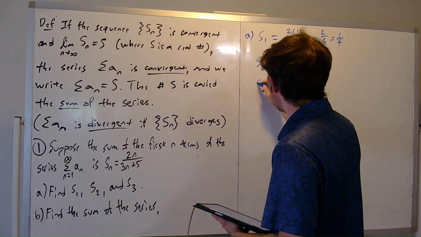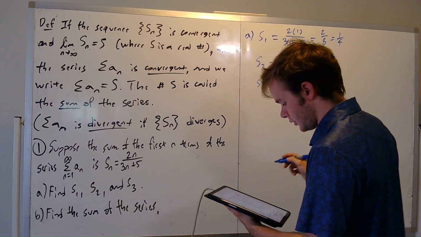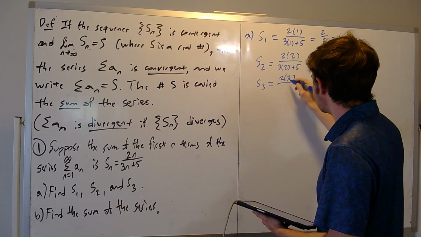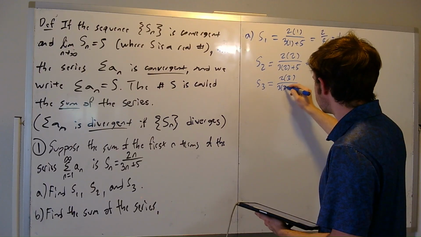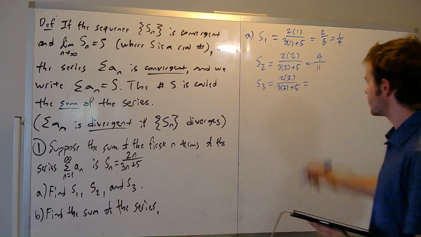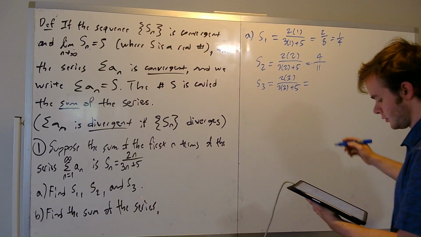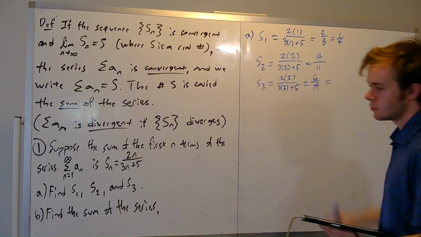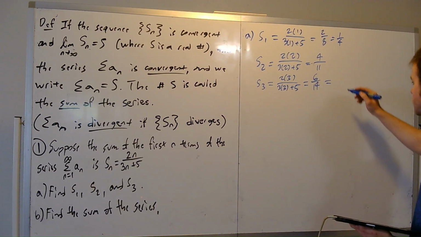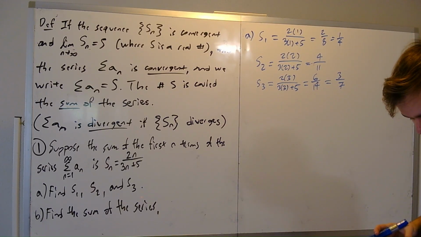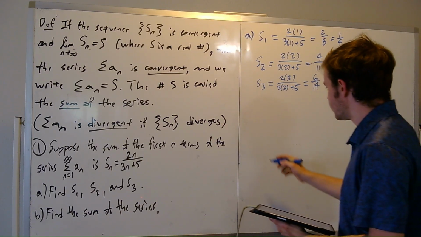And then we have S3, which is going to be 2 times 3 over 3 times 3 plus 5, so that's 6 over 9 plus 5 is 14, so 6 over 14, and if we simplify that, we can divide the numerator and denominator by 2, so we get 3 over 7. Right, okay.